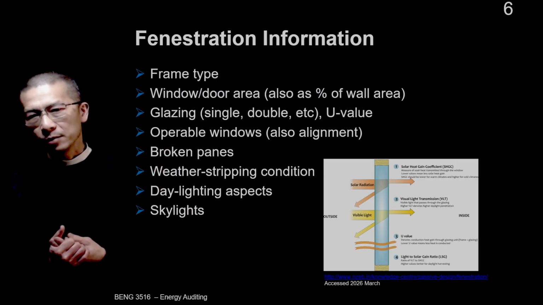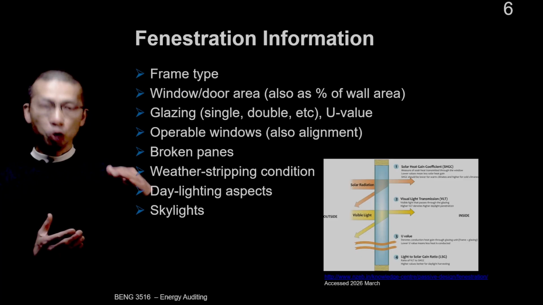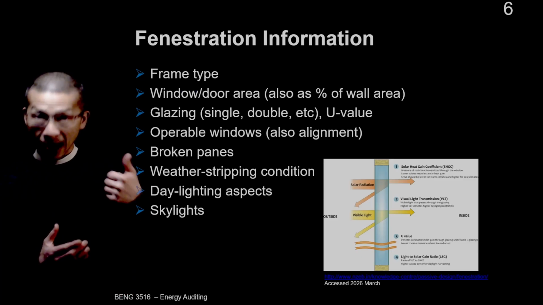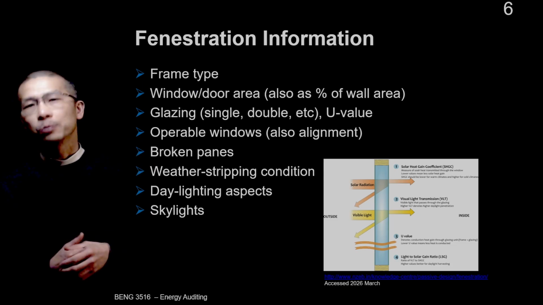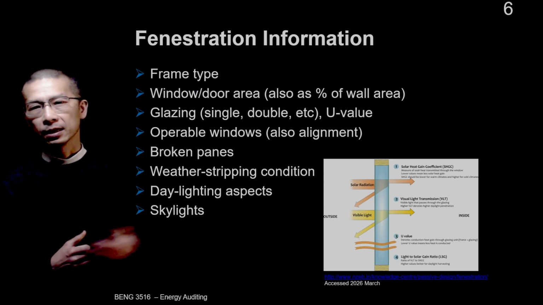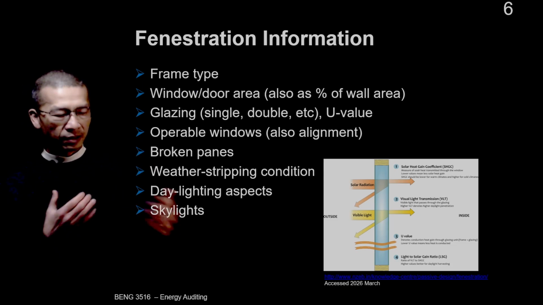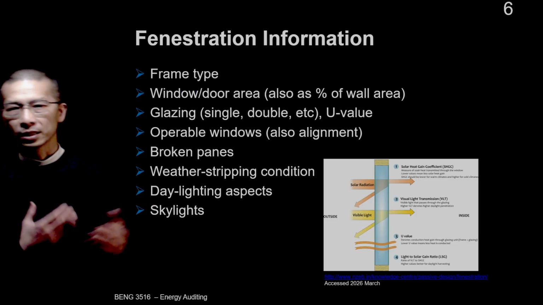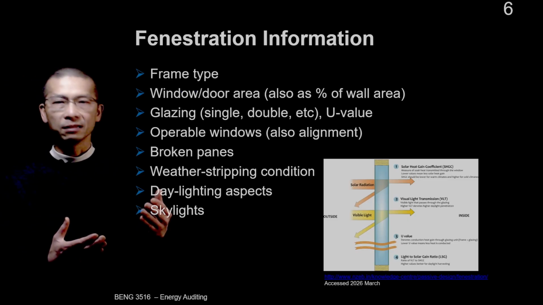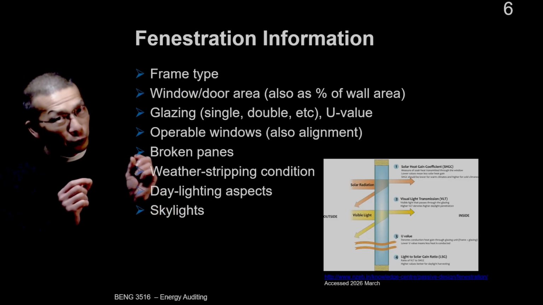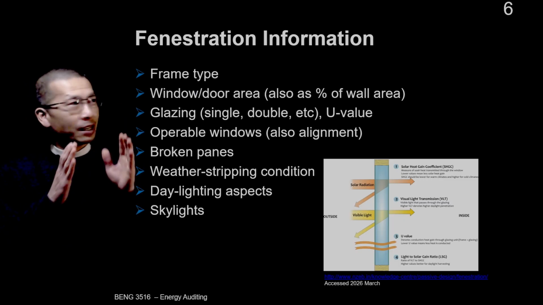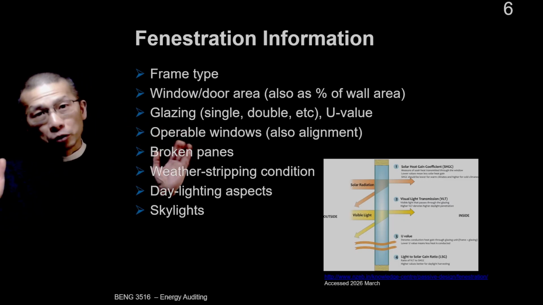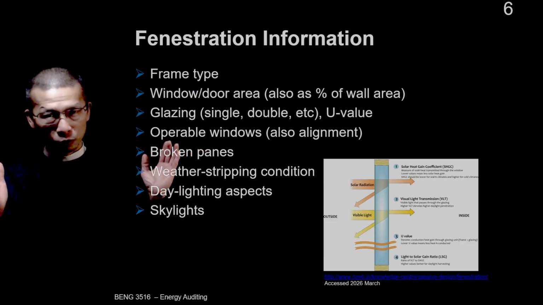A high performance window should have low U value and therefore high R value, and also high visible light transmittance. That allows us to harvest daylight without the heat, right? We like the visible light, but all the invisible light, which is radiation, heat, we don't want those invisible ones.